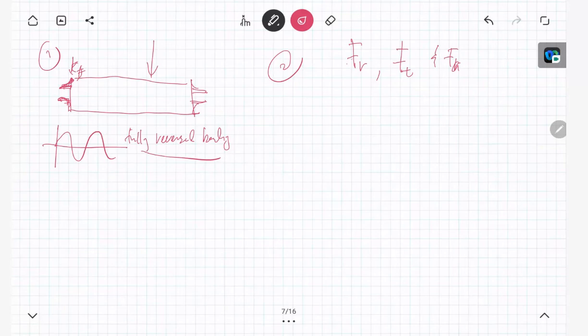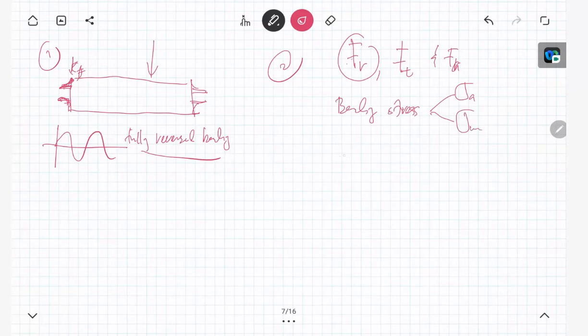Okay, so from here we have different types of stresses. Kita akan dapat bending stress. This one ada sigma alternating dan sigma mean stress.